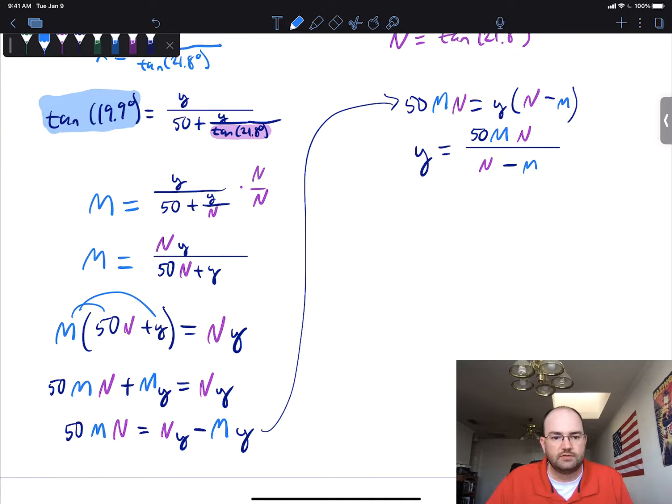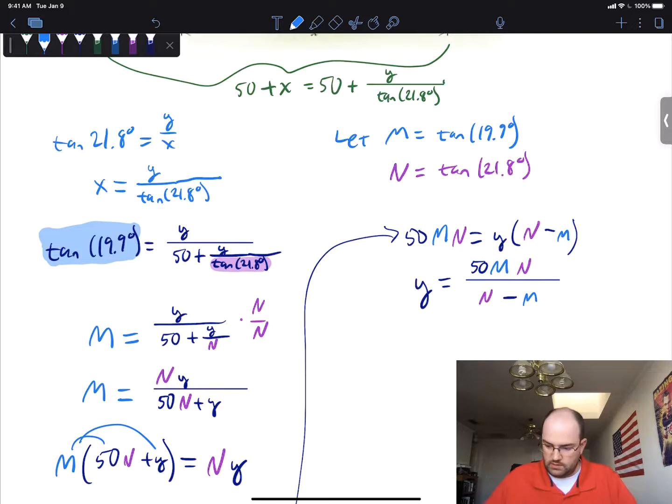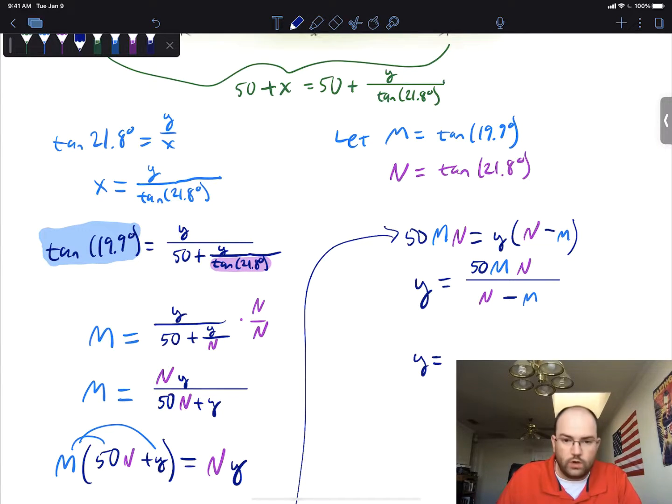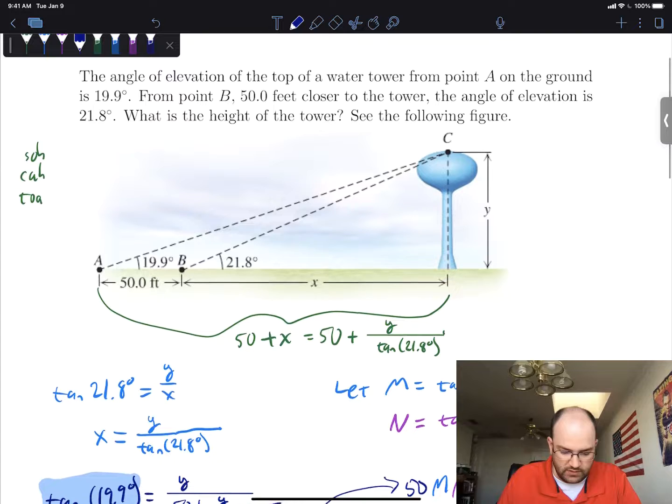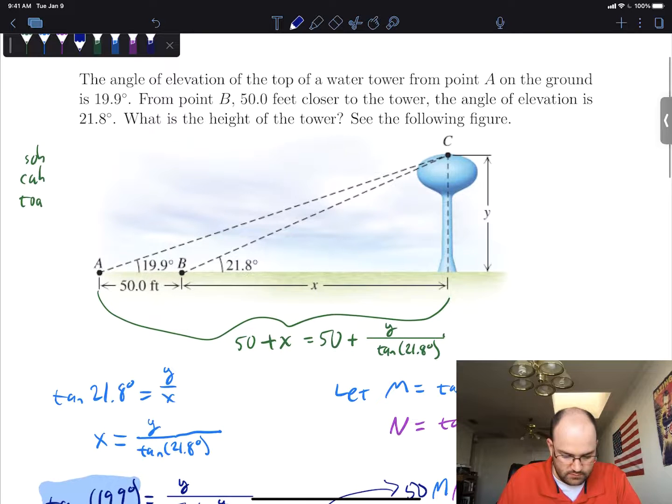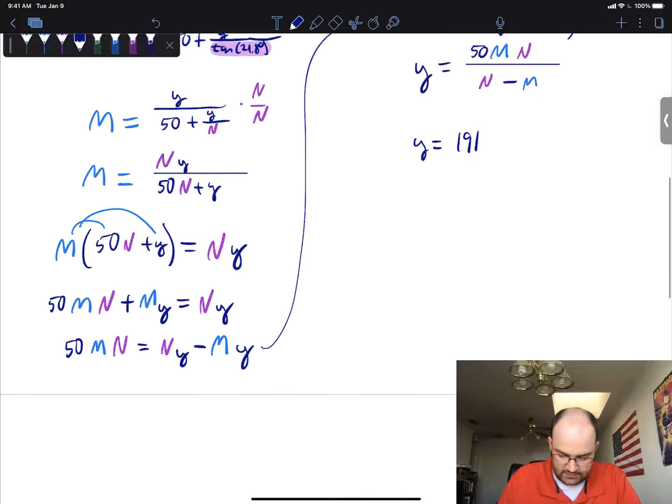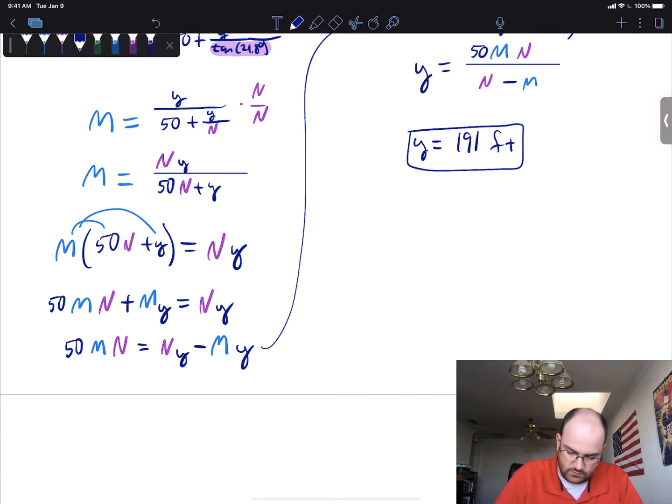Now let me type that in correctly this time. And so that's going to be y equals 191 rounded. And the units, of course, here would be feet. So 191 feet. Good deal.